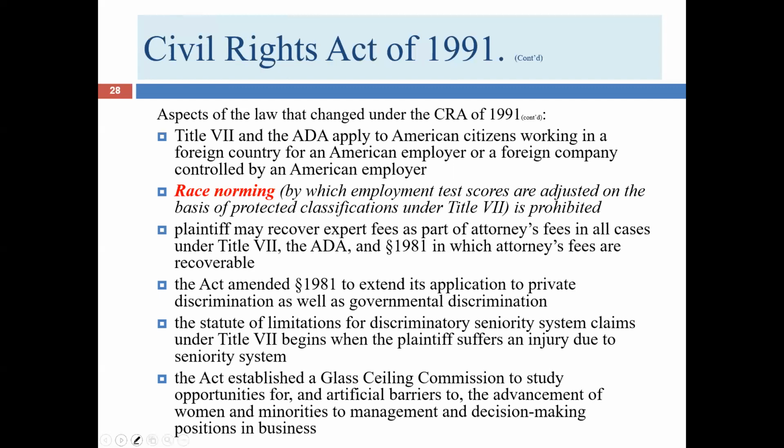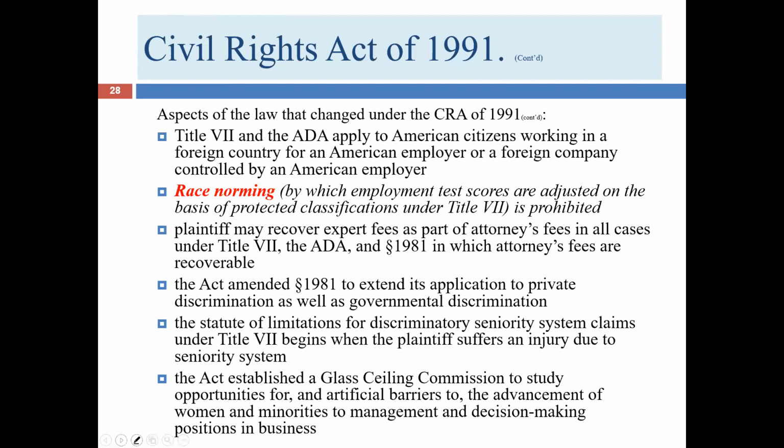pro-employee statute. But one aspect that some might argue was less pro-employee was that it prohibited race norming. It did not permit employers to do that. So if an employer wanted to do that, the employer was prohibited. And certainly an employer who didn't want to do that would not be required to do that.